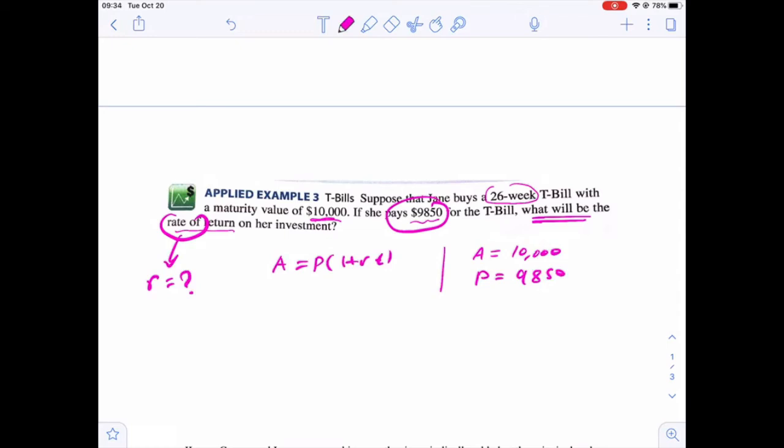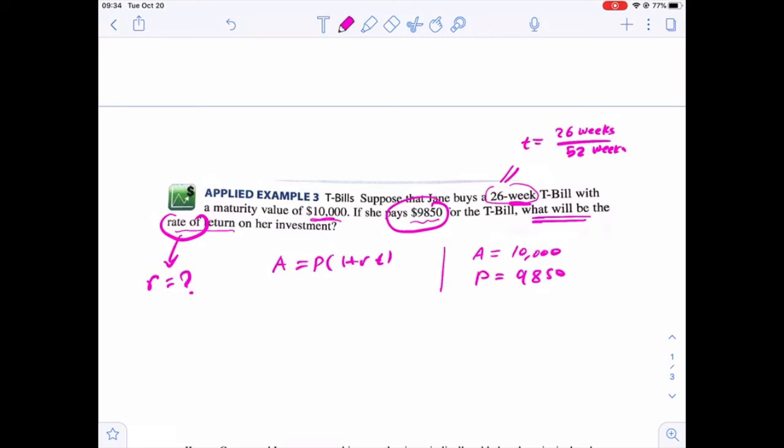And we are given T. So we have 26 weeks. From here we can find T, but T is time in years. So we can't use 26 because 26 is time in weeks. So how to convert this into years? We know that time is 26 weeks over 52 weeks, because in each year we have 52 weeks.